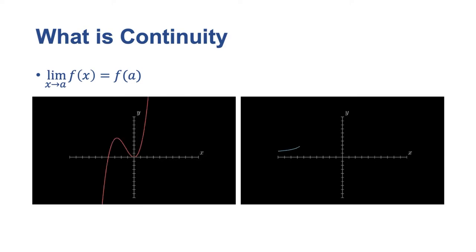So here are some examples of continuous and discontinuous functions. We have a general polynomial here, and then we have a rational on the right. The polynomial is continuous across its whole domain, but we need to be really exact when we're talking about continuity with these rational functions, especially because we have these gaping asymptotes here, but this function is not defined at these points.